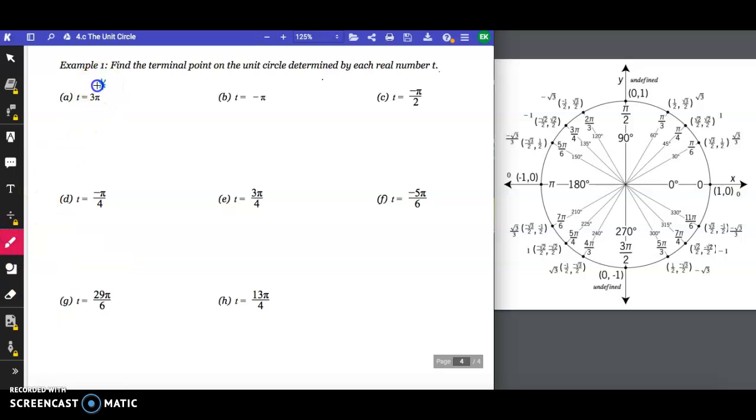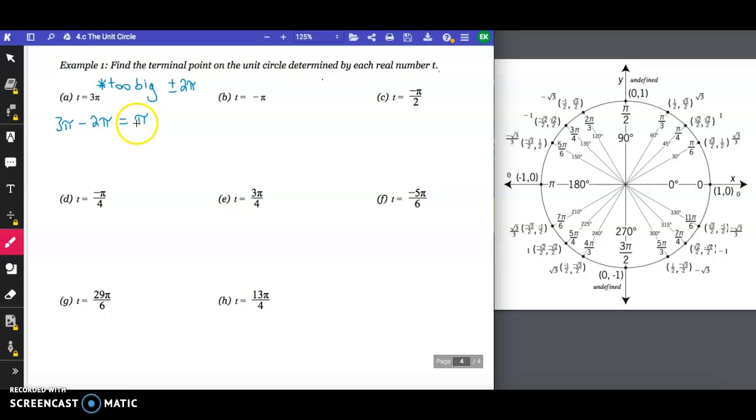And so when we run into one of these situations where your t value is too big or too small, then we find a coterminal angle first. And for coterminal angles, remember with radians, which these are all in radians, you are going to either add or subtract 2 pi depending on whether it's too big or too small. This is too big, so I'm going to do 3 pi minus 2 pi to make it a smaller angle measurement to work with.